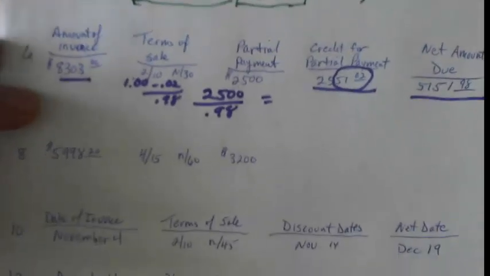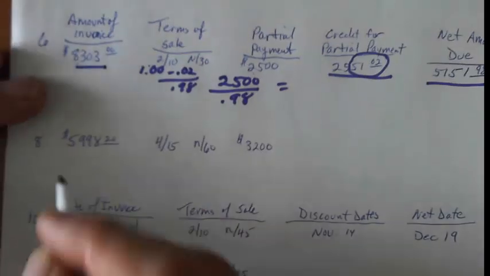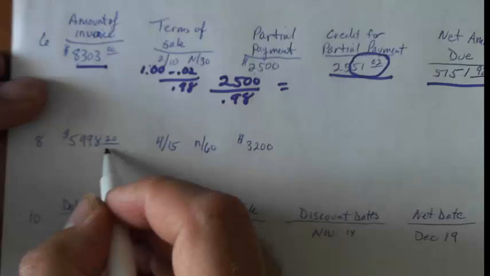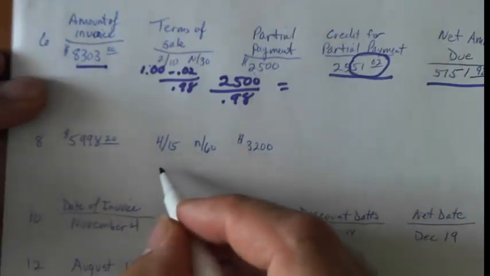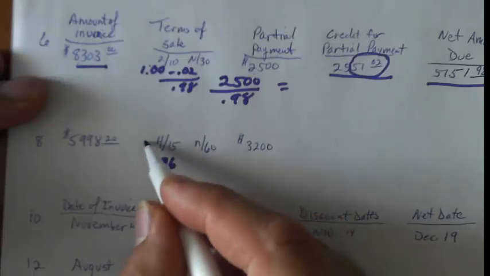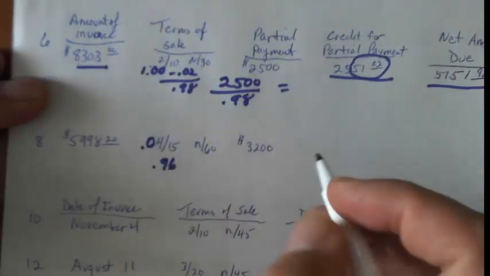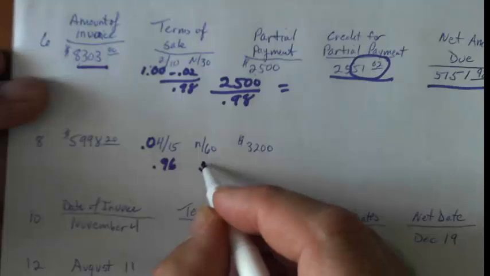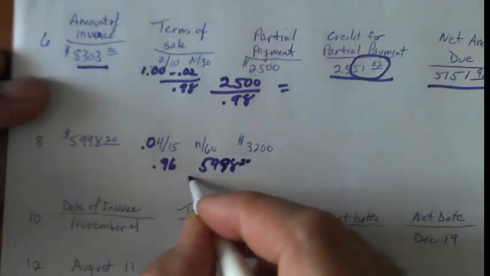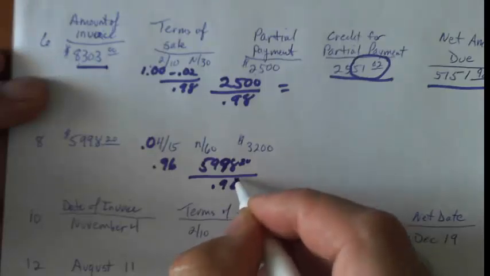Okay, let's look at that again. Number 8, 5,998.20. You get a 4% discount, so that would be 96 because you're subtracting 0.04 from 1. So we would have 5,998.20 over 0.96.